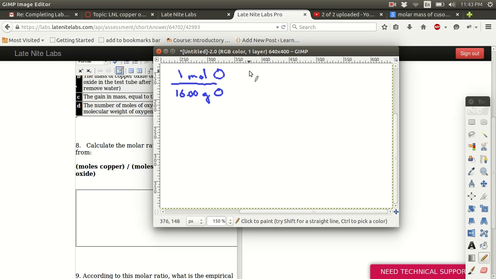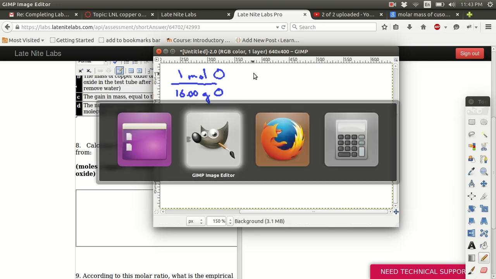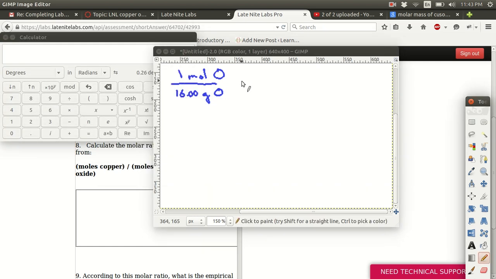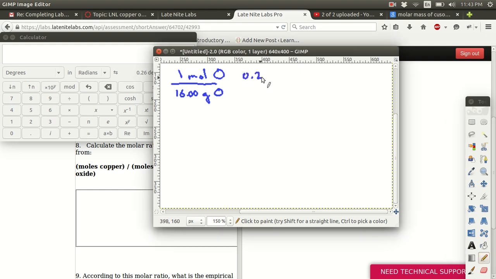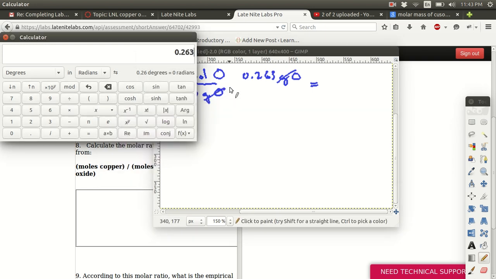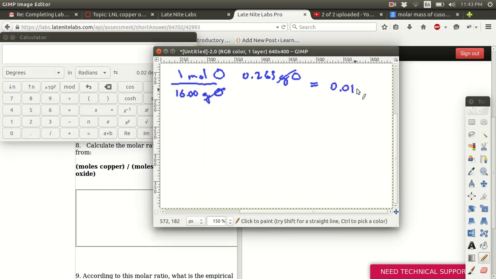And how many grams of oxygen did I just calculate? What was it? 0.263. So 0.263 grams of oxygen. So it's 0.0164. The answer is 0.0164 moles of oxygen. That number seems familiar, doesn't it?